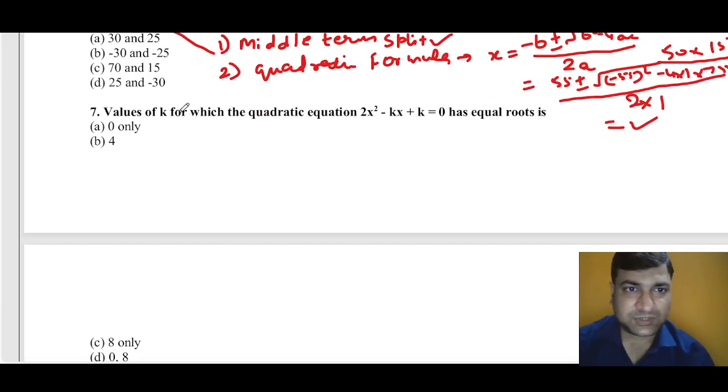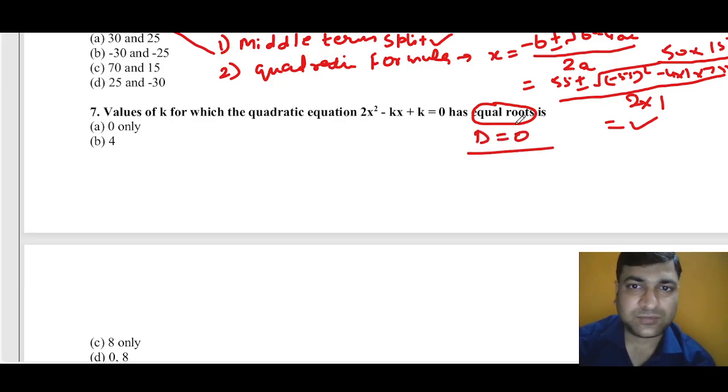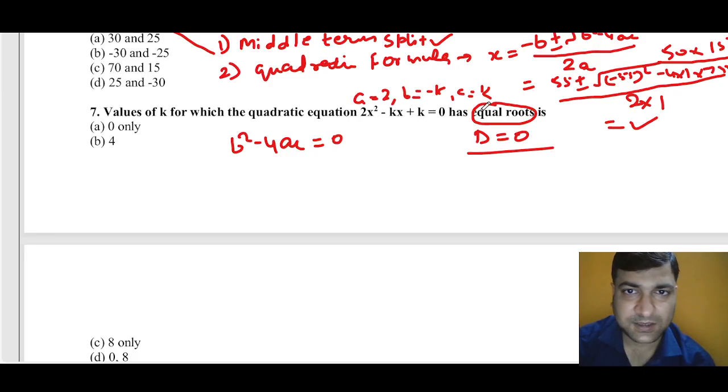Value of k for which the quadratic equation has equal roots. Equal roots means discriminant equal to 0. In any question, if it is given that roots are equal, then it means discriminant equal to 0. So b square minus 4ac equal to 0. What are a, b, c? a is 2, b is minus k, and c is k. So put the values.